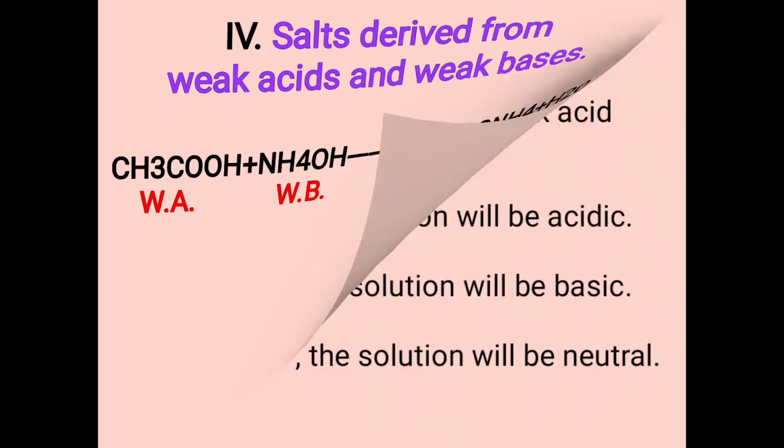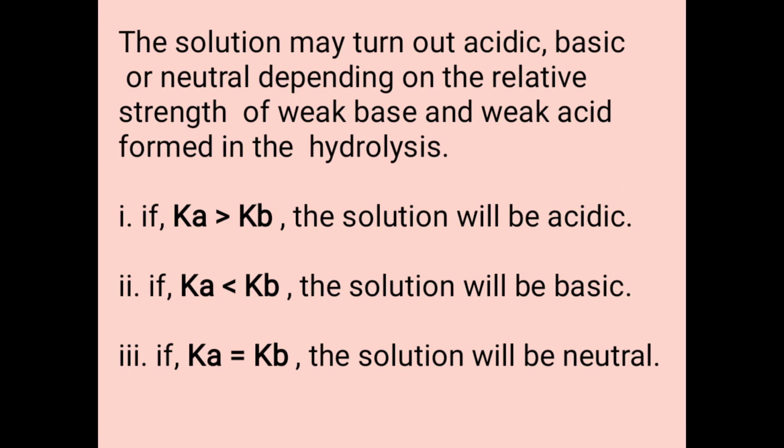Now the next part: the solution may turn out acidic, basic or neutral depending on the relative strength of weak base and weak acid formed in the hydrolysis. According to the dissociation constants of acid and base, there is a comparison between dissociation of acid and base.